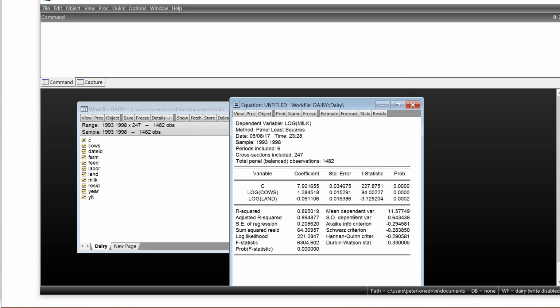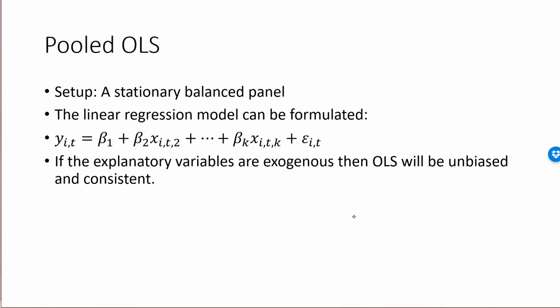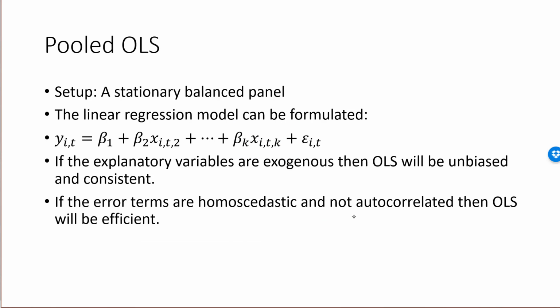According to this result, increasing the number of cows by 1% will increase the production of milk by about 1.3%. We also know that as long as the error terms are homoscedastic and not autocorrelated, then the OLS estimator will be efficient as well.